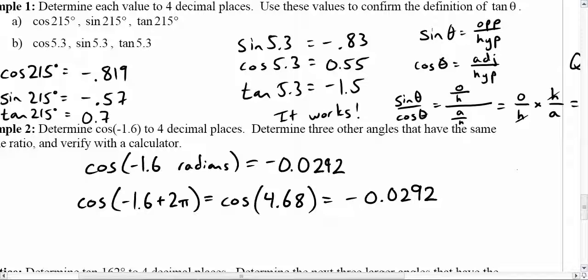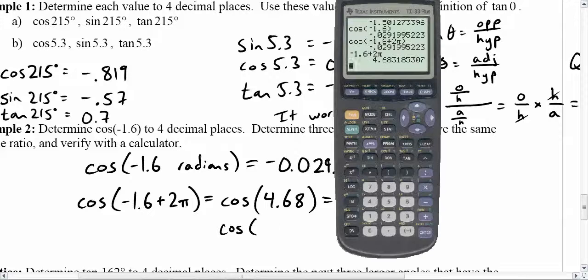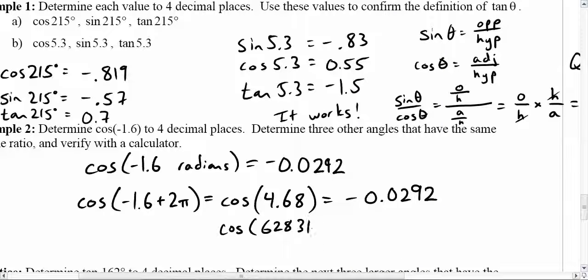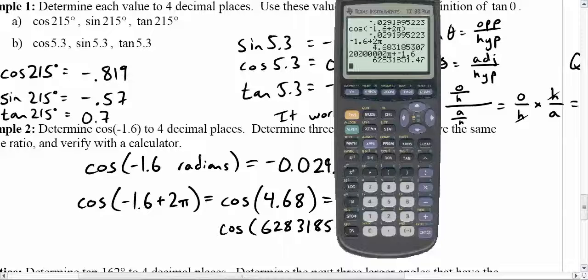So to find another angle that also has the same cosine, you could do 2 million pi's. Okay, if I do cosine of that angle, 6,283,185.1, I should get the same answer.